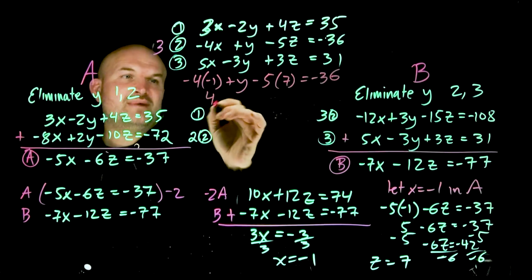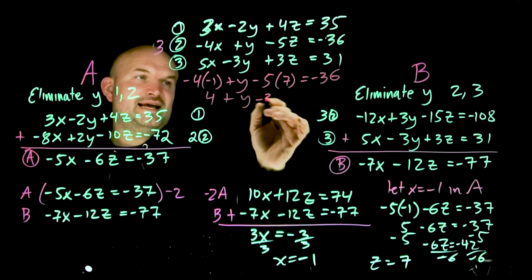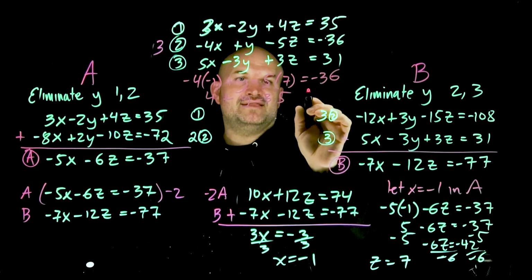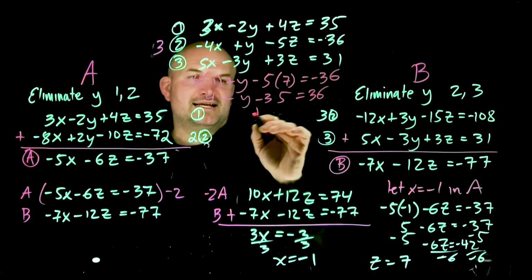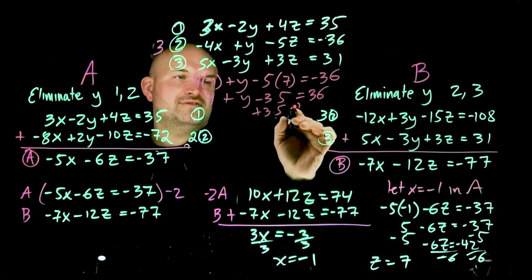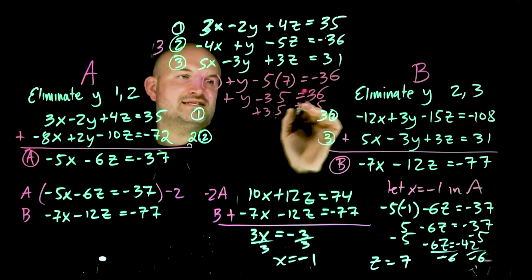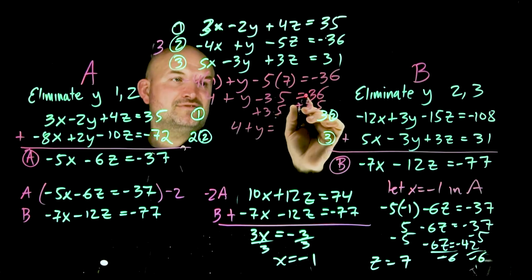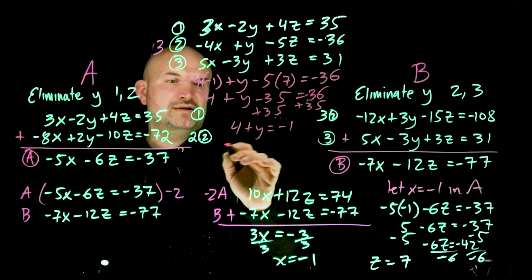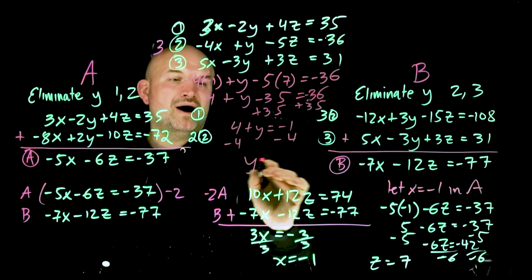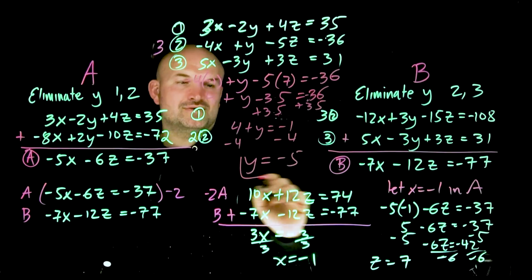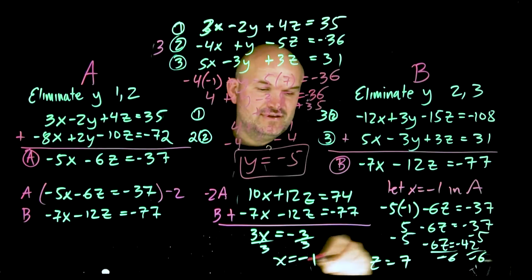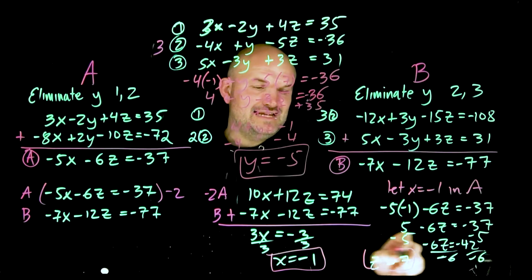Well, this is going to be a positive 4. This is going to be a negative 35. I can add 35 to both sides. So I have 4 plus y equals, that was a negative 36, right? So therefore, that's a negative 1. Subtract 4, y is equal to negative 5. So I have y equals negative 5, x equals negative 1, and z equals 7.